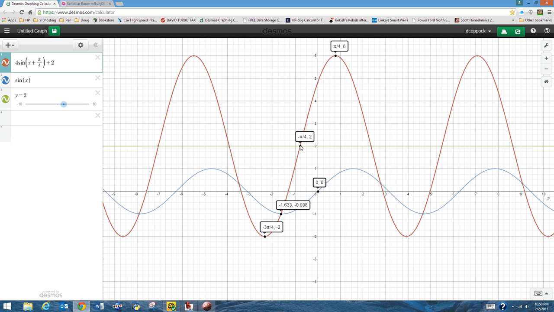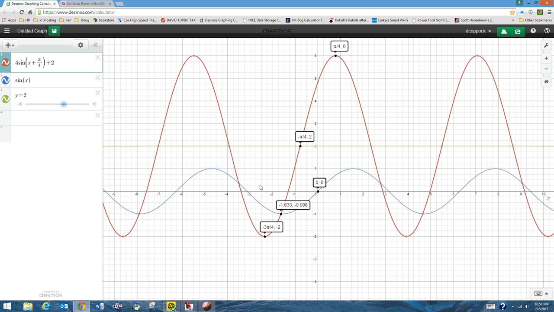So it hits it here. So there must have been a phase shift to the left of pi over 4. In your picture, you can kind of see that that's pi over 4 right there, halfway between 0 and negative pi over 2. Now that'll give you the phase shift.